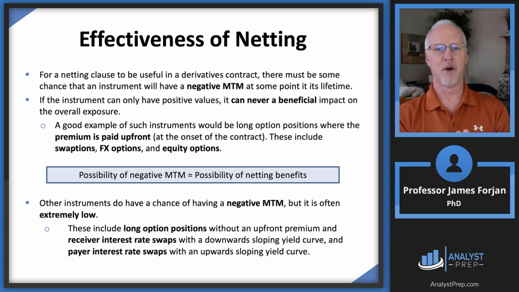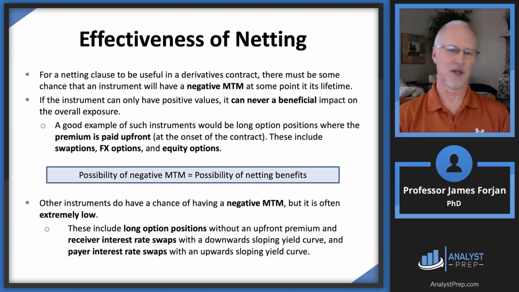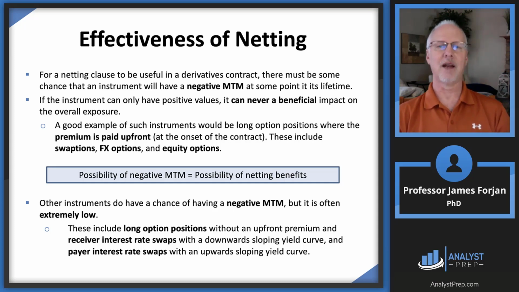And so the value of that option will always have time value, even if it's way out of the money. The value of that derivative is going to be positive, right? And so that influences our choices and our chances of having a negative mark-to-market.